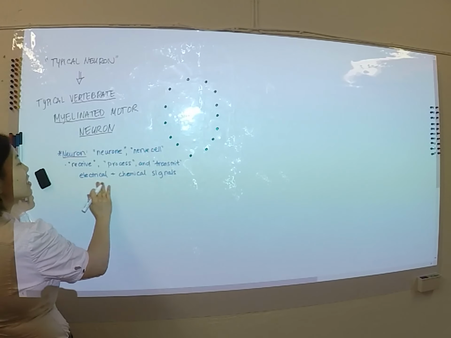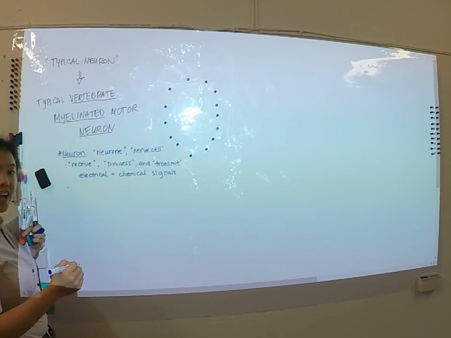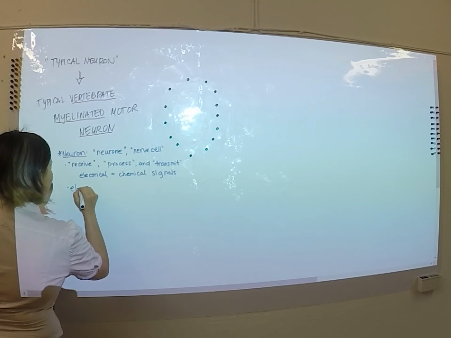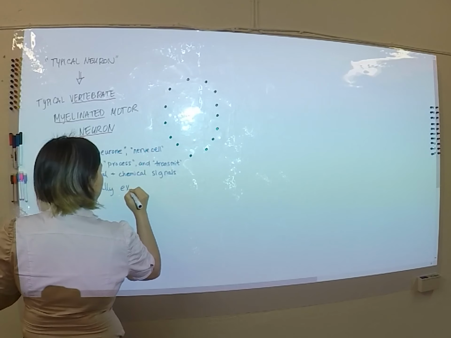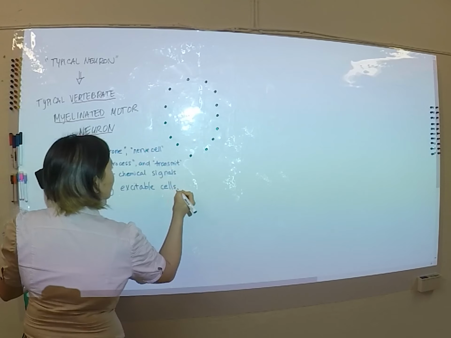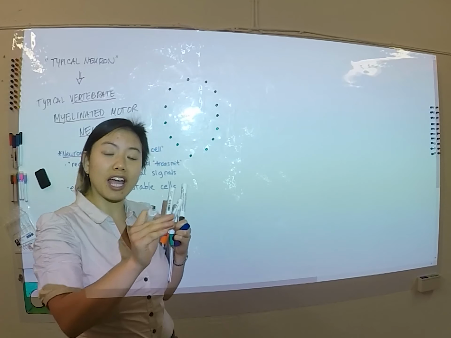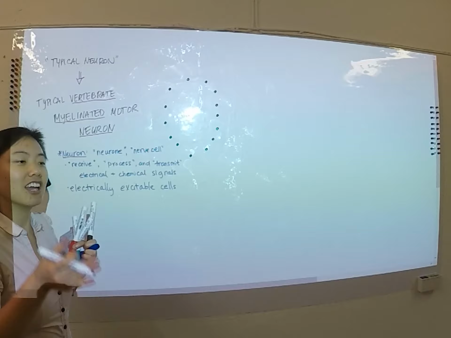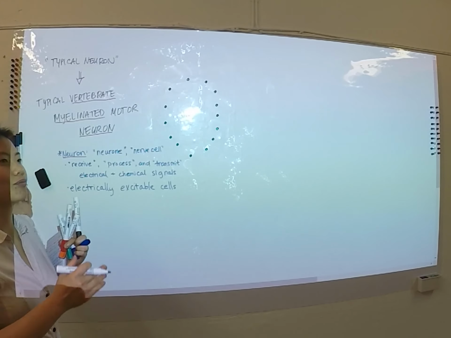And because they can interact with electrical signals, they are also defined as electrically excitable cells. This just means that if you can inject a current into a neuron or any cell that's electrically excitable, and if you inject the current, it will do stuff. It will get more active.